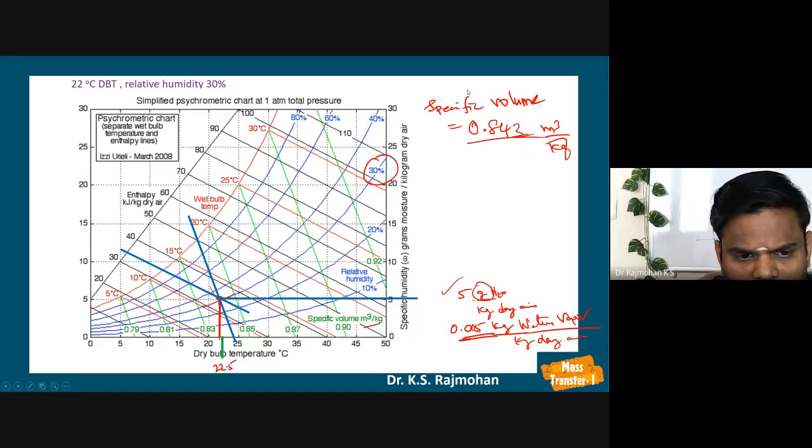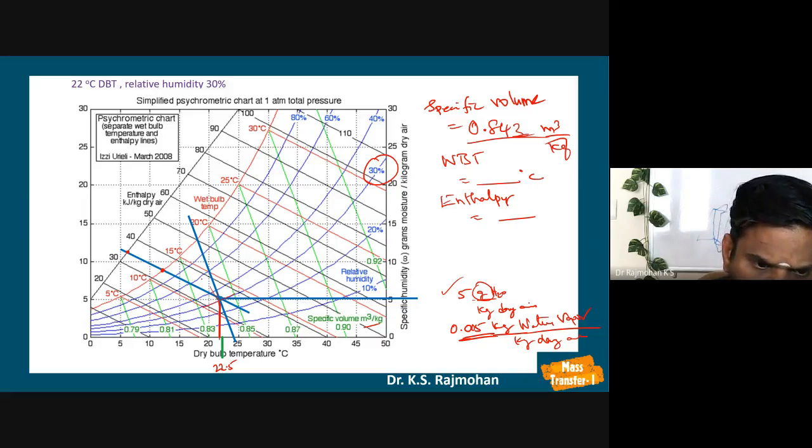Okay, so next what you can get is the wet bulb temperature. For the wet bulb temperature, from this dry bulb line up to here, we get the wet bulb temperature. Here we are also going to get the enthalpy. The wet bulb temperature, you can see, is between 10 and 15. Half of the line is here, so it is less than 12.5, so you can take it to be 12, or you can say 11.9 or 12.